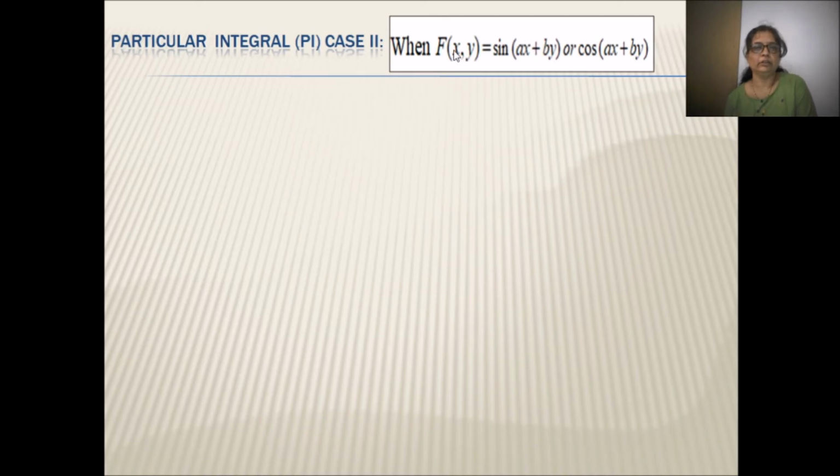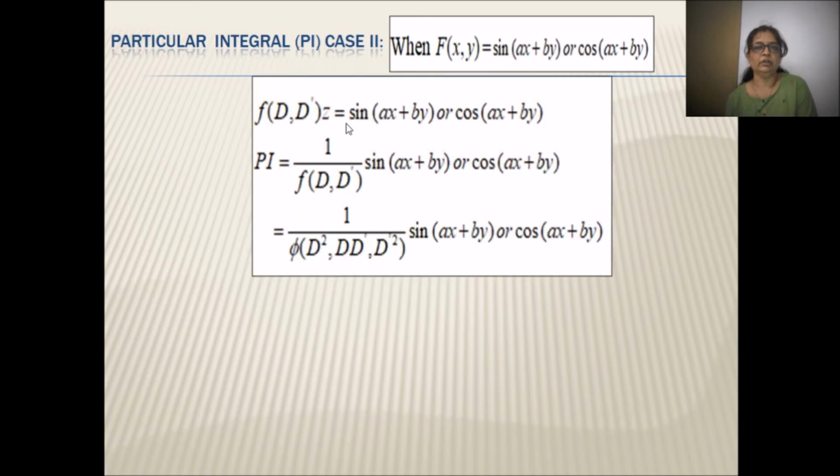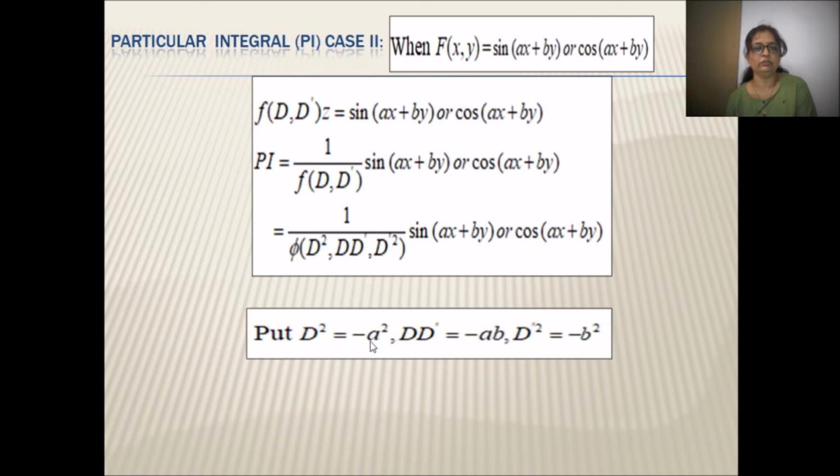Particular integral case 2, when the right hand side of the equation, capital F of x y, equals sin(ax plus by) or cos(ax plus by). Now here the substitution is for D square, D D dash and D dash square. Therefore, here the function of D, D dash we write in the form of phi of these terms. And then substitute D square equal to minus a square, D D dash equal to minus ab and D dash square equal to minus b square.